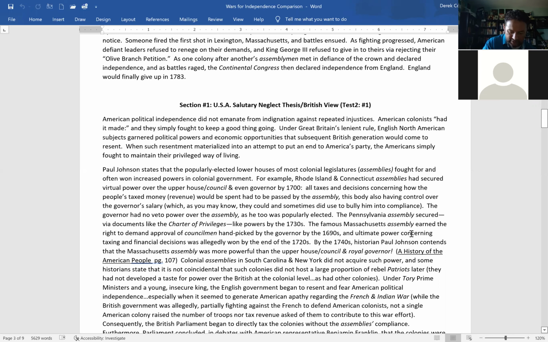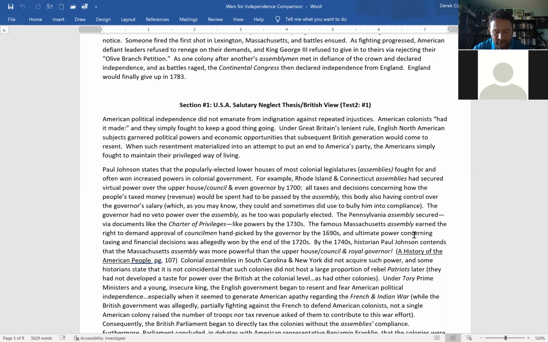So with their rights as Englishmen, they believed, what you have to remember with the English Constitution is that it was not written down. It was meant to be like a growing living organism that evolves over time. And so it gets messy.